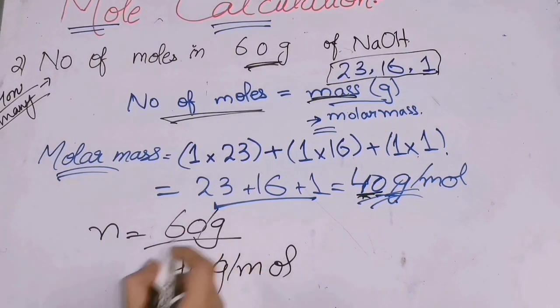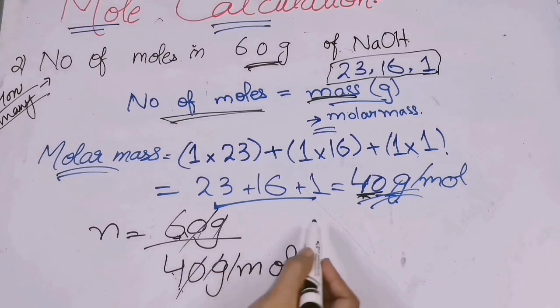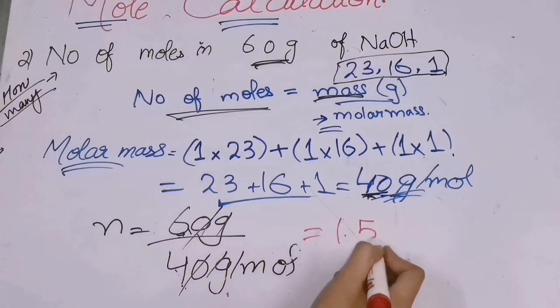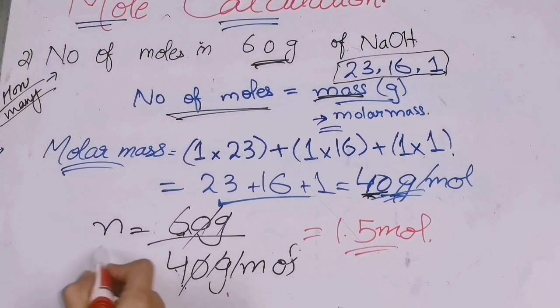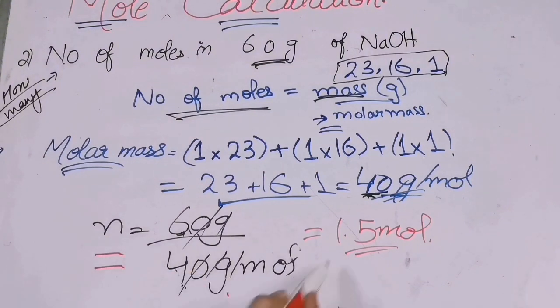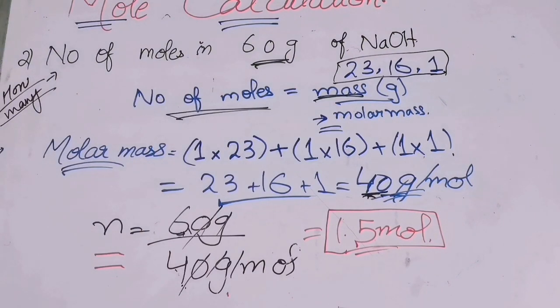This gram and gram will cancel each other, and this 0 and 0 we can cancel, or we can directly divide them. Then we will be left with 6 and 4. When we divide these, we will get an answer 1.5 mole. Okay, so we get to know how many moles are present: 1.5 moles. Now let us go on to the next numerical.